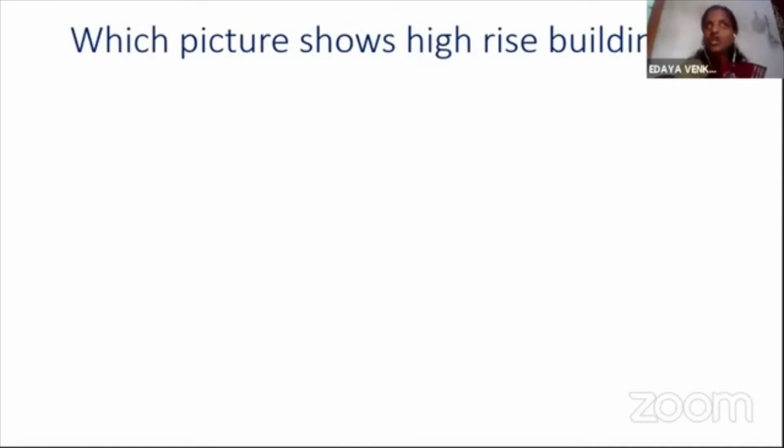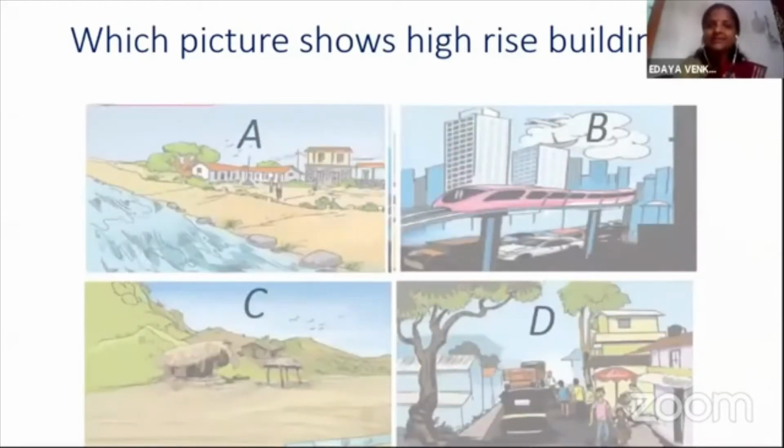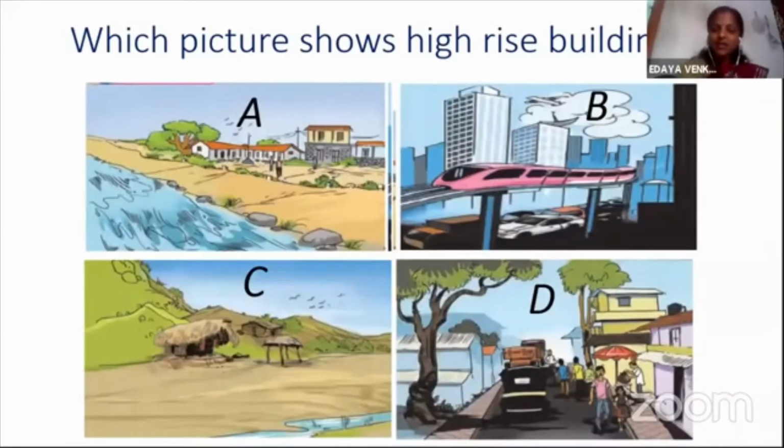B. Are you sure? Yes, miss. Wow, your answer is correct. Very good. Very smart children. In picture B, we can see high-rise buildings.